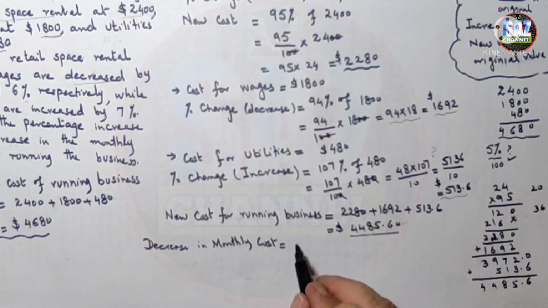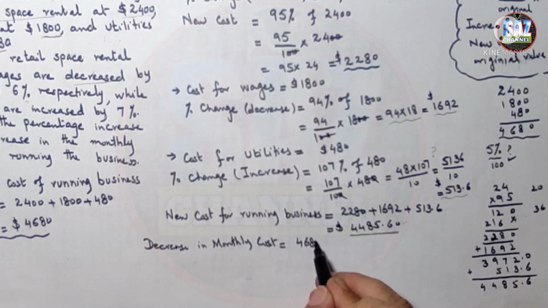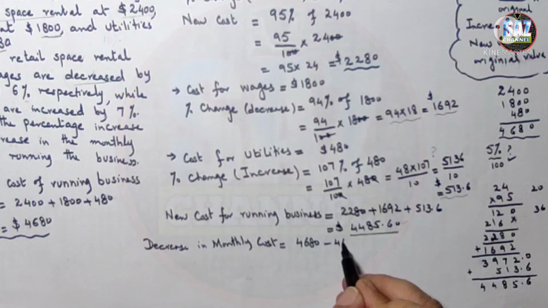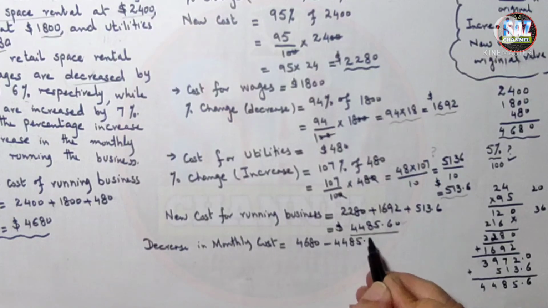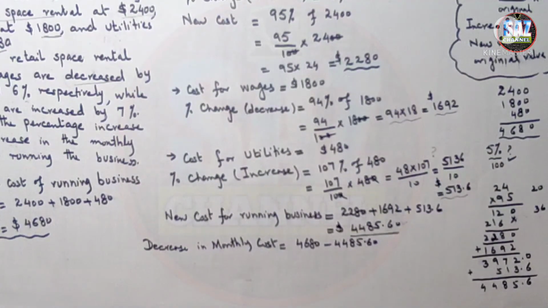The decrease in monthly cost will be 4680 minus 4485.60. Now, as I have taught you how to add and subtract decimal numbers, you will all be doing these calculations mentally, please, and I will be checking that work on your notebooks. 4680 minus 4485.6 gives me 194.4.